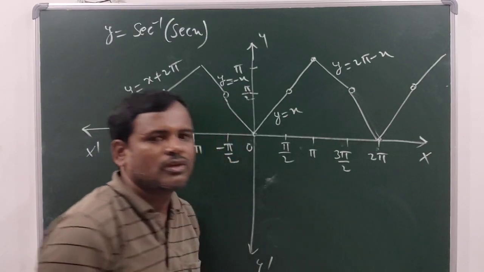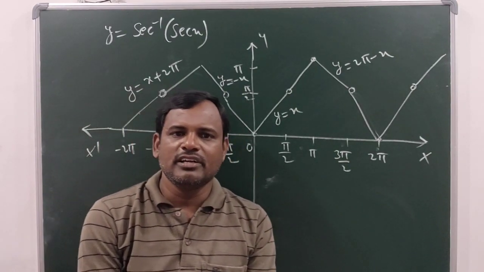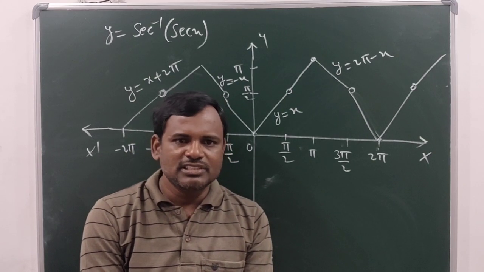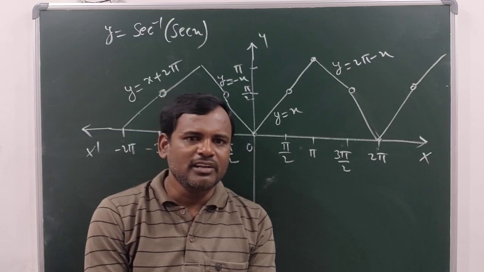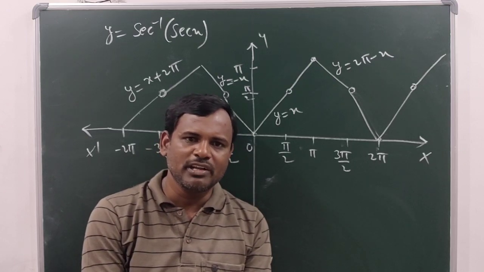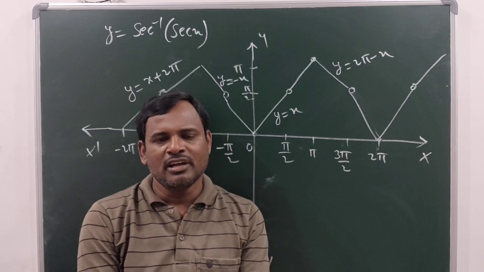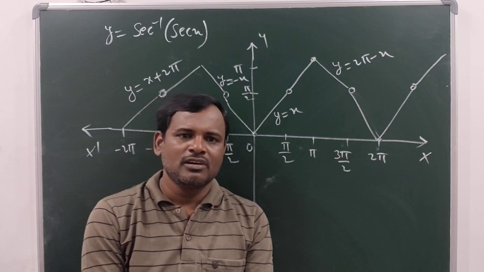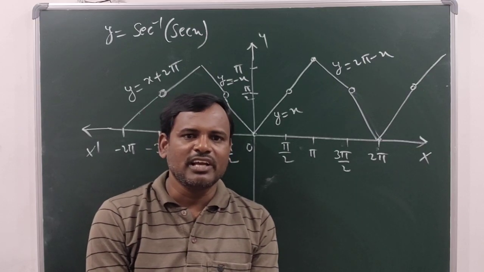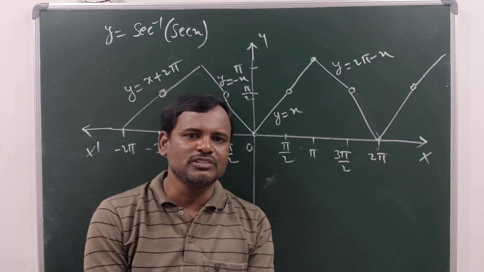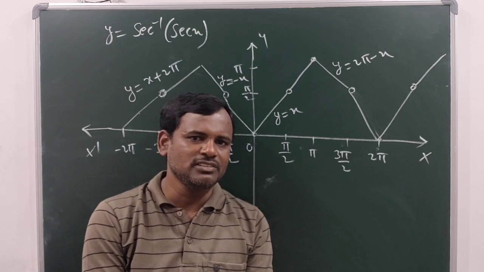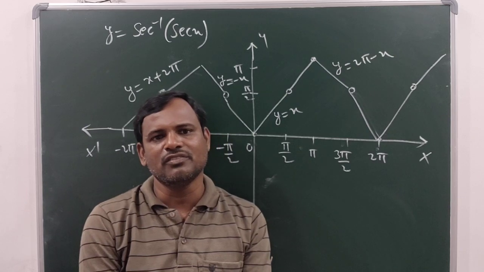Okay, students, I hope you have understood this class. In this class I tried to explain the graphs of all the basic trigonometric functions in their principal domains, their inverses, and the combinations of principal ratios and their inverses, like sine inverse of sin x, cos inverse of cos x, tan inverse of tan x, cosec inverse of cosec x, secant inverse of secant x, and cot inverse of cot x.